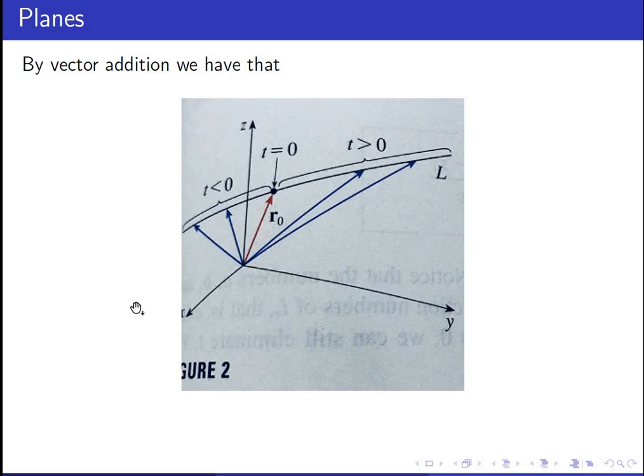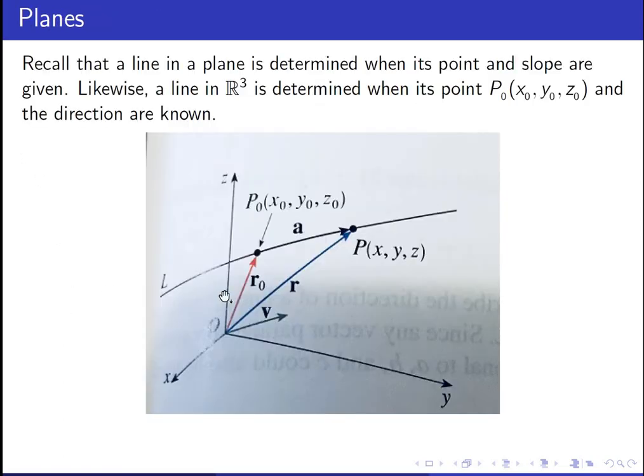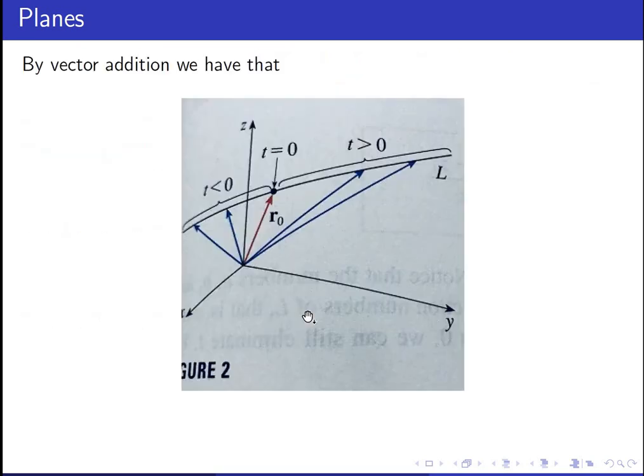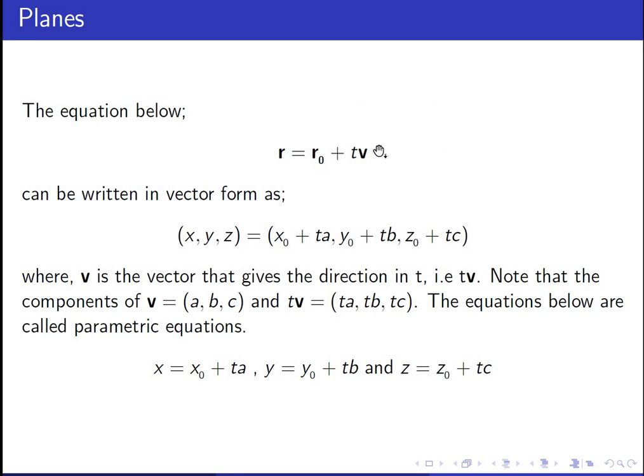We already showed that by vector addition we have that r is equal to r0 plus a, which can also be written as r is equal to r0 plus tv.